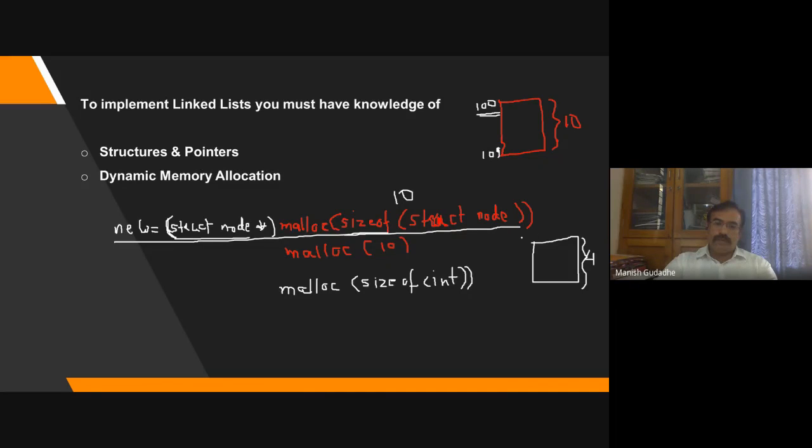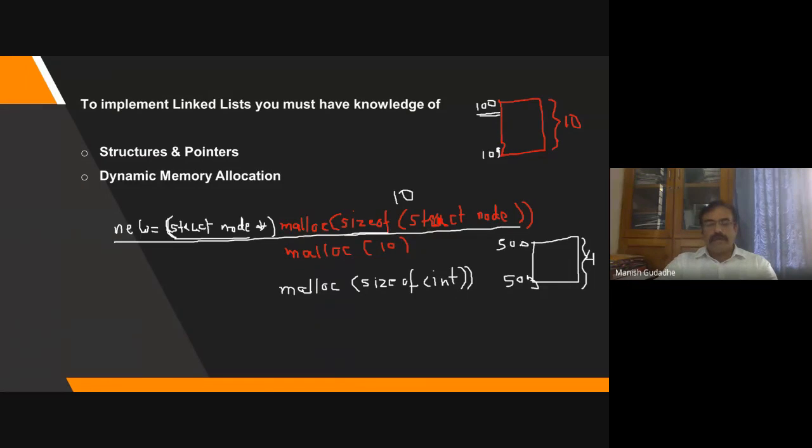Let us say that its address is 500. So 500 to 503, this block will be allocated for this purpose.